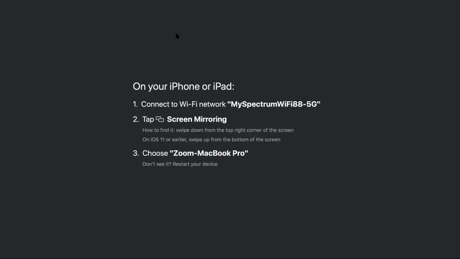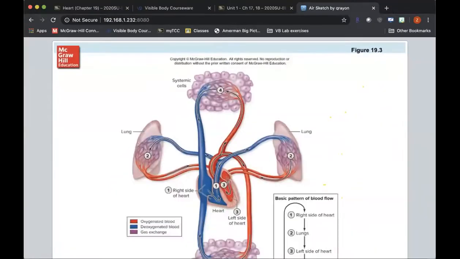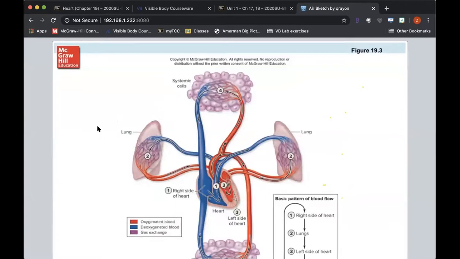All right, this should work. Okay, let's see if we can share this. Okay, now you should be seeing my Google Chrome. I hope that works. I don't know why the connection between my iPad and my computer quit, but hopefully this will work here.